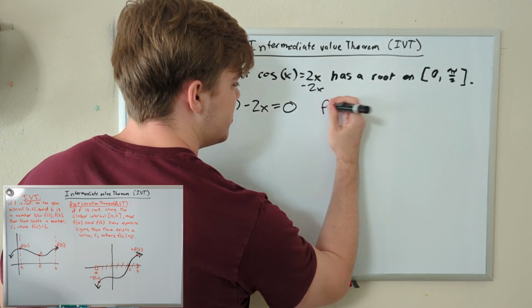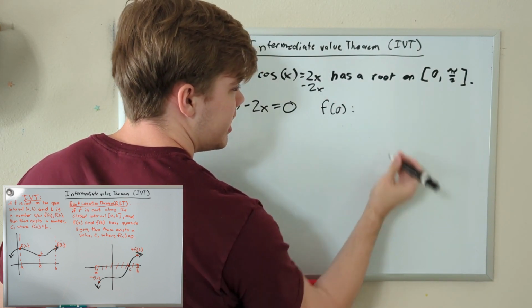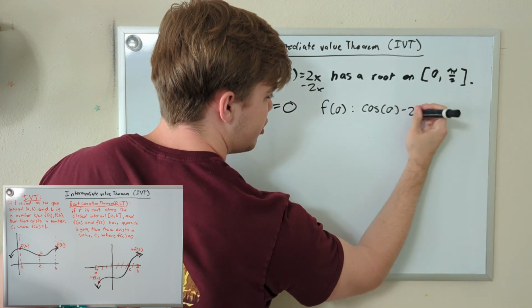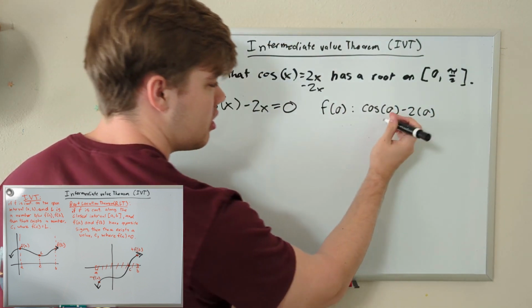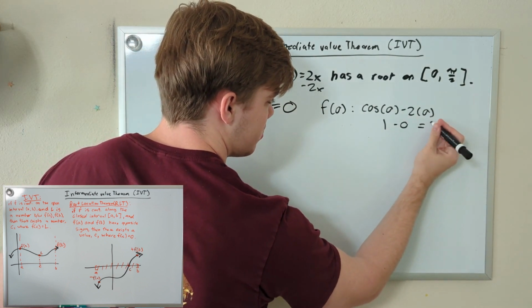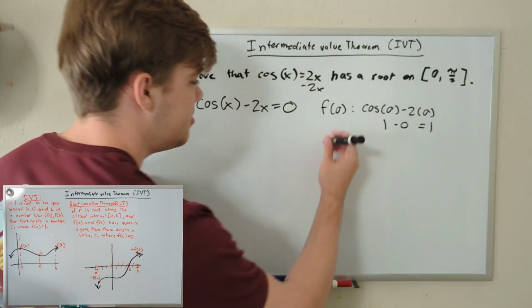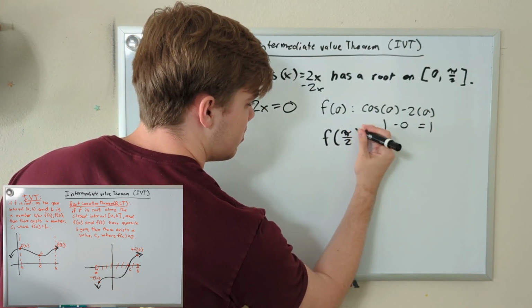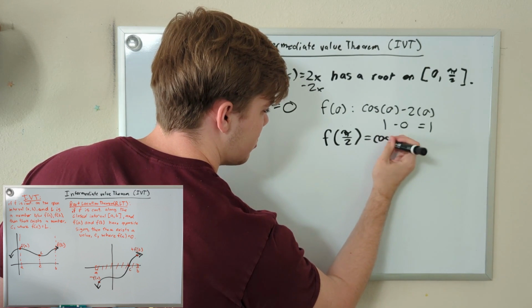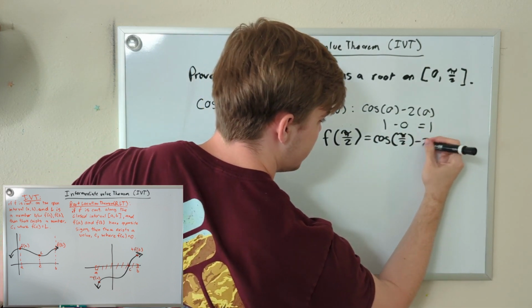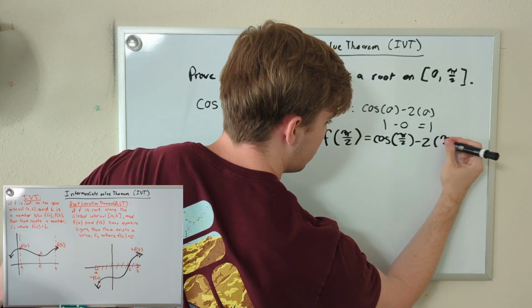So let's plug in f of 0. That is cosine of 0 minus 2 times 0. Cosine of 0 is 1. 2 times 0 is just 0, so this is equal to 1. Let's do f of pi over 2 now. F of pi over 2 is equal to cosine of pi over 2 minus 2 times pi over 2.